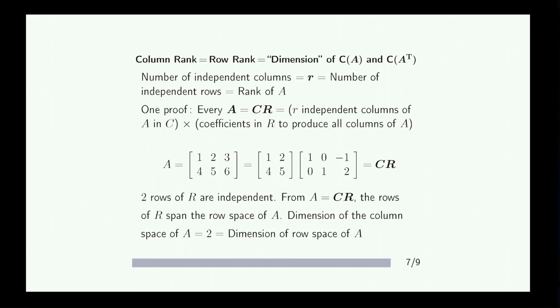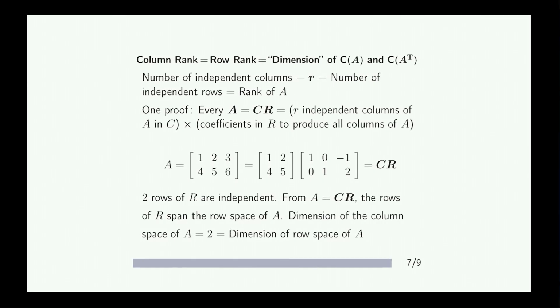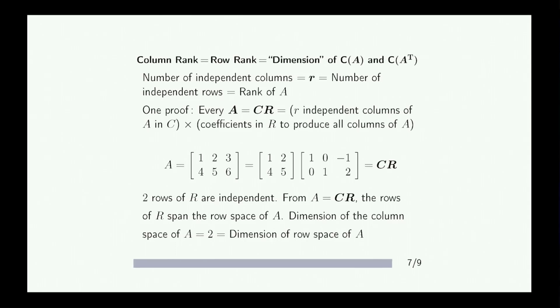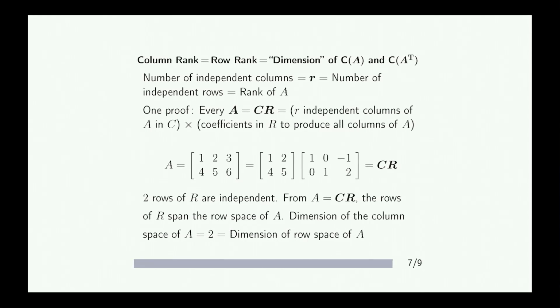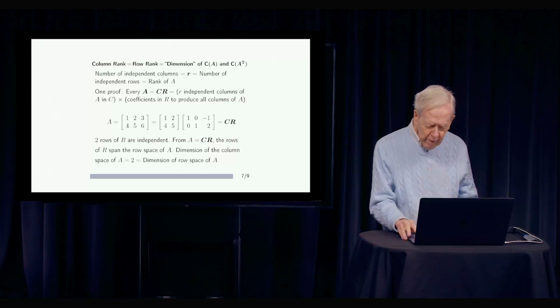Here is our friendly matrix A, and we took the independent columns, 1, 4, and 2, 5, as the C matrix, and then the R matrix we just filled in to get the right answer, and the 2 was the number of independent columns, and 2 is the number of independent rows. So A equals CR gives a beautiful proof of that dimension theorem. Dimension of row space equals dimension of column space. So that's just a nice part of the theory.